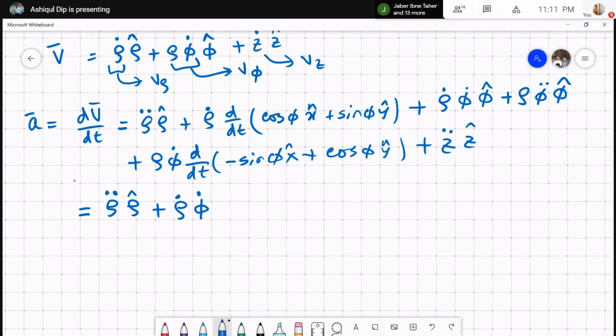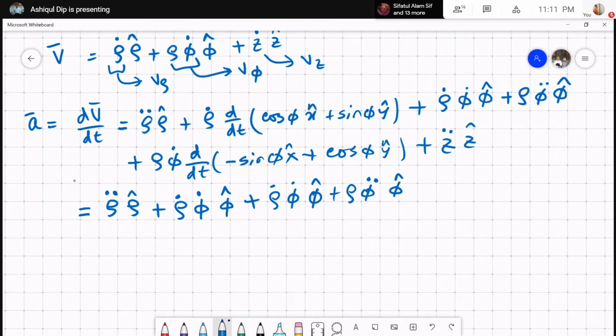And you get negative sine phi plus cosine phi, like that. It's phi hat, right? Yes, write these three terms down. So rho dot phi hat plus rho phi double dot phi hat, that's fine as well.